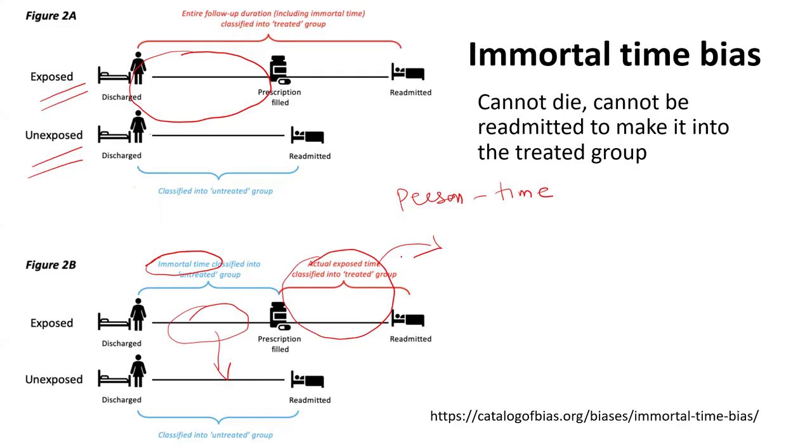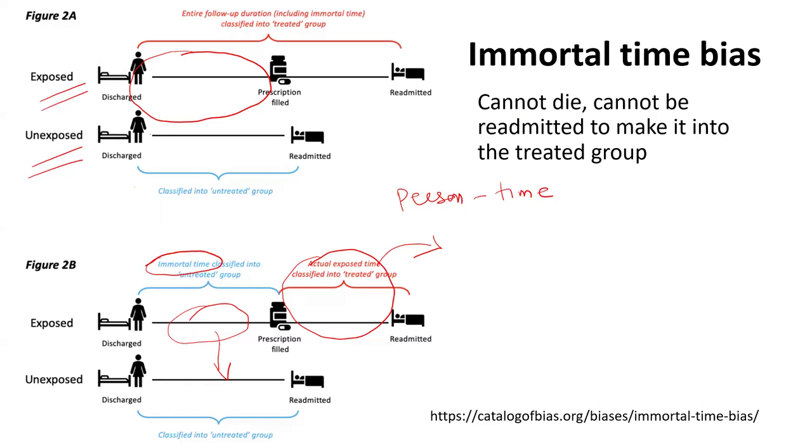This is a little complicated, but when you are making groups, you should ensure that the exposure happens at the point of time you have made the groups. If it is happening sometime in the future, then you have to consider person time and allot them in appropriate groups. Are you getting me here?